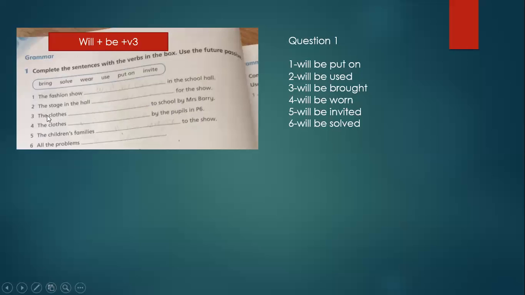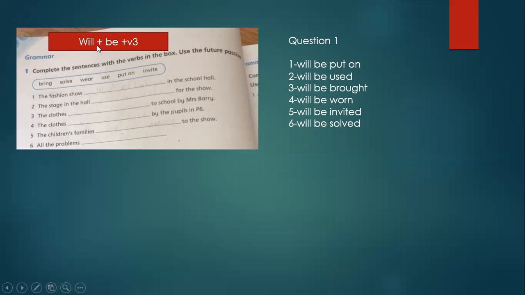Number 6. Here, the children's families will be invited to the show. The last one, all the problems will be solved.